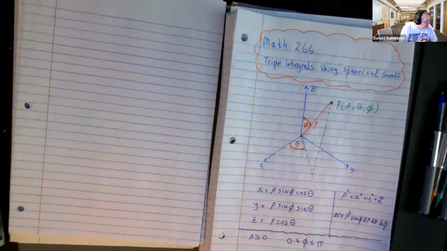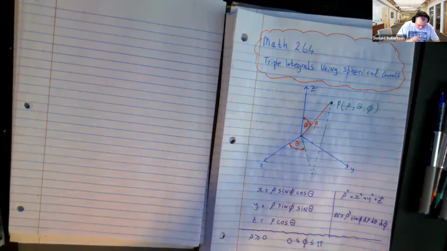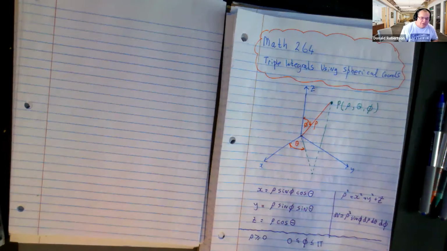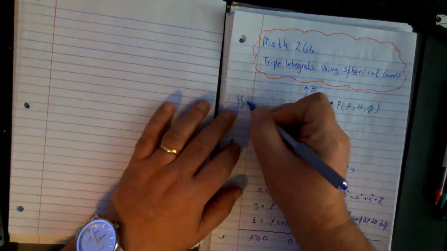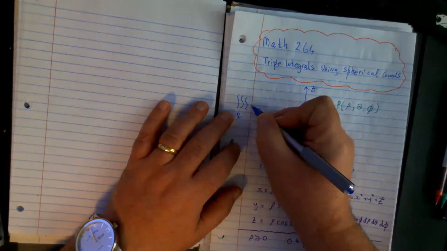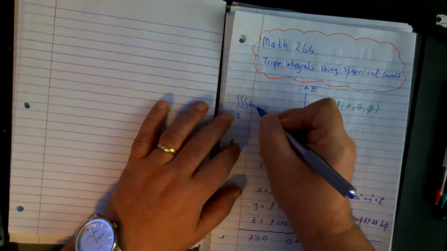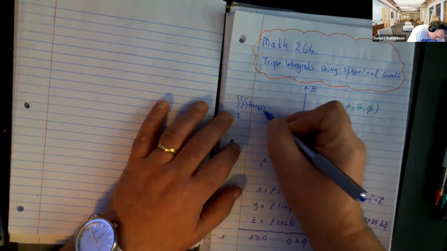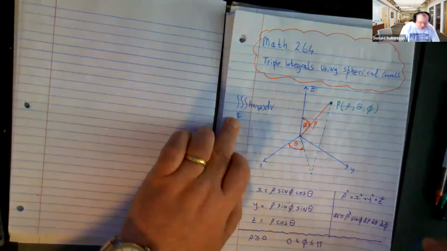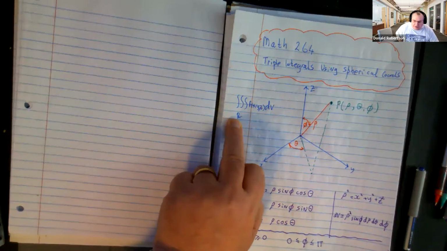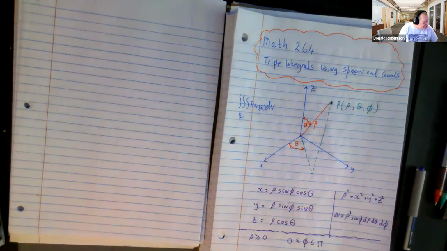You should really use that when the region that you're doing your triple integral over is a sphere or part of a sphere, like a hemisphere or a quarter of a sphere. I'm not sure what you would call them, but if this region R is a sphere or part of a sphere, then the spherical coordinate system will be helpful.